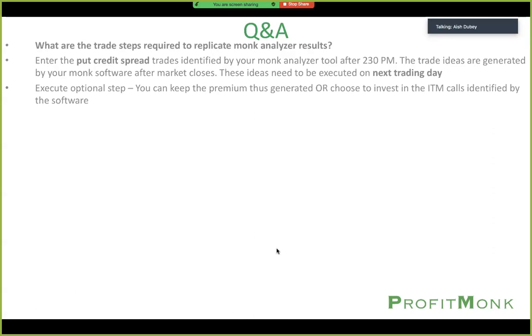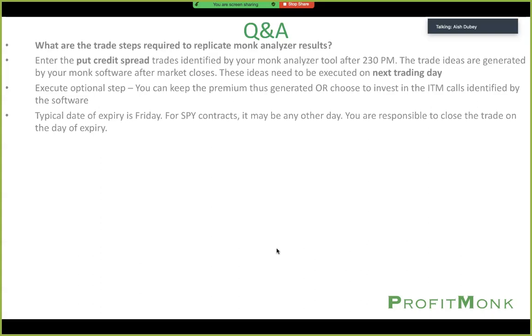There are some defined steps. Generally, you will be entering the put credit spreads. You will always be executing it on the next trading day. If you want to be close to how the tool's data is, then enter the trade towards close of market next day. That's when generally it records the trade execution price.